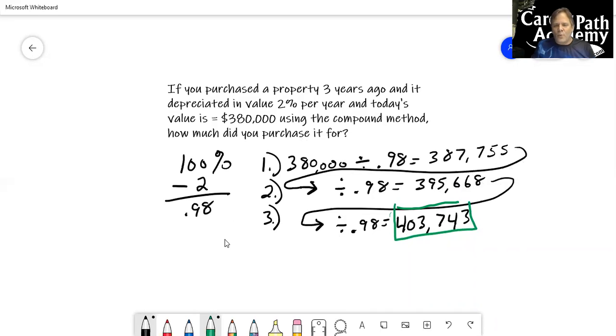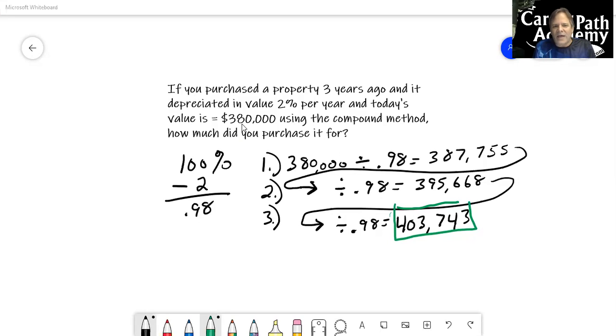Now, the way to check your math as you're going through this problem to see if you're on the right track is, if your number is going down, you're doing something wrong.